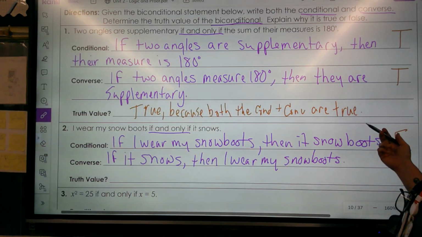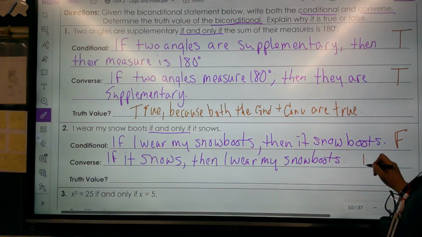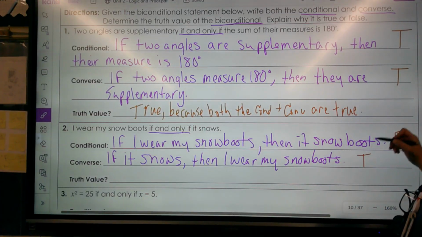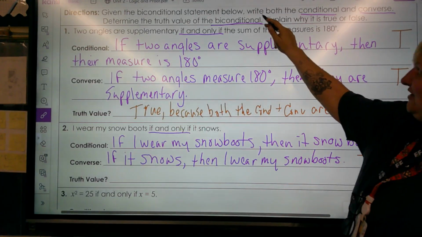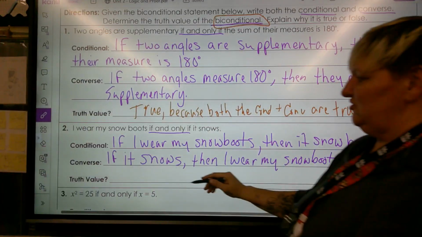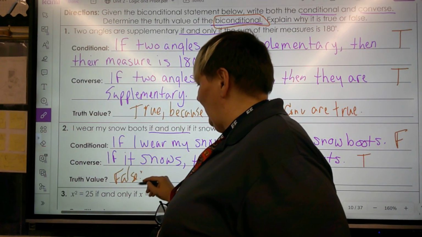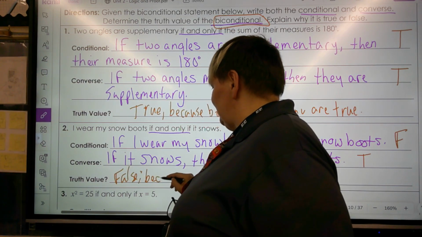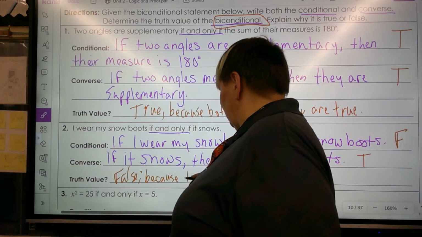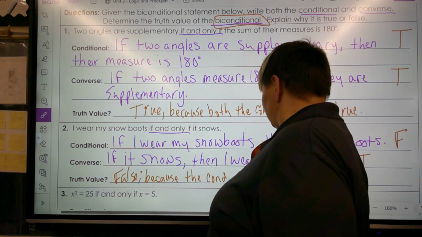You could call that true because logic would say if it snows, you should wear your snow boots. But in order for the biconditional statement to be true, they both have to be true. So the truth value is false. And why? Because the conditional statement is false.